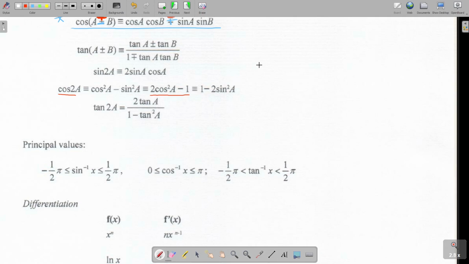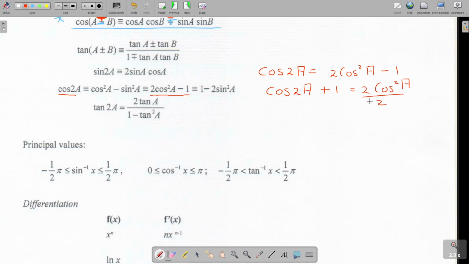Okay, so I'm taking it out. So cos 2a is equal to 2 cos squared a, and I'm just playing first with this one. Now make this the subject of the formula. Then I have cos 2a plus 1 equals 2 cos squared a.